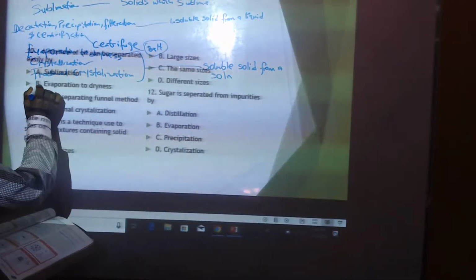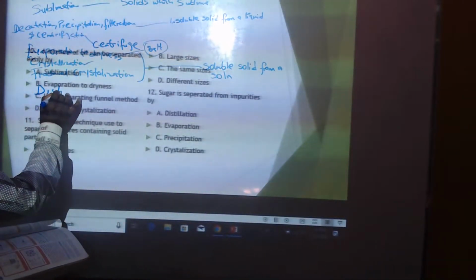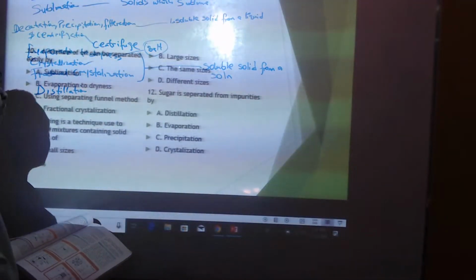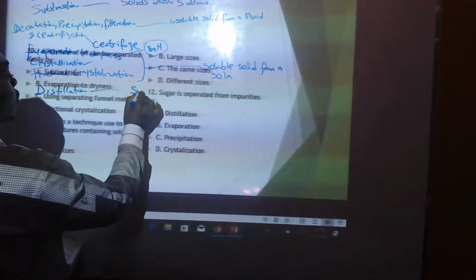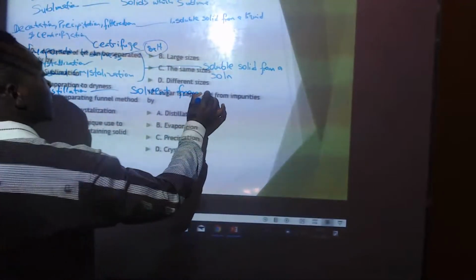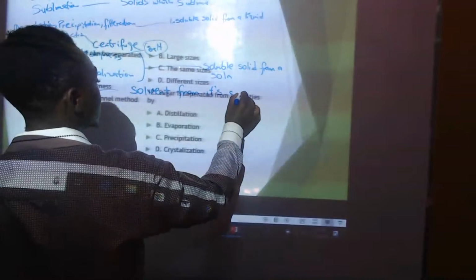And when you talk of distillation, distillation has to do with separating solvent from its solution.